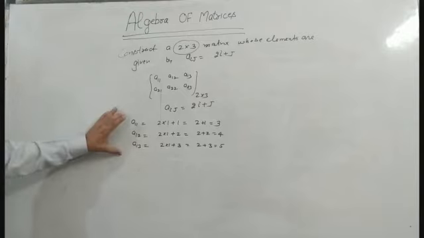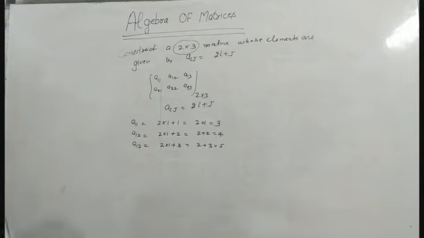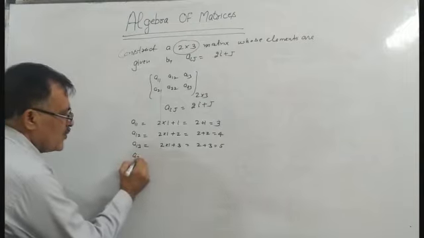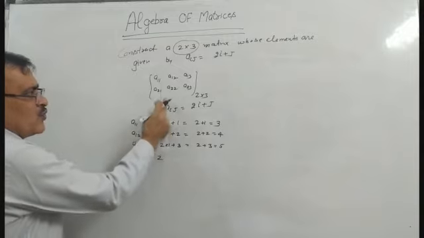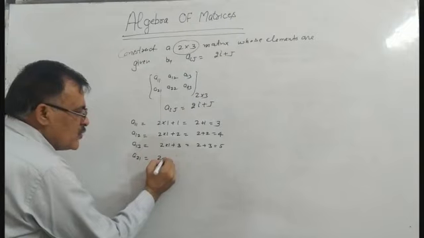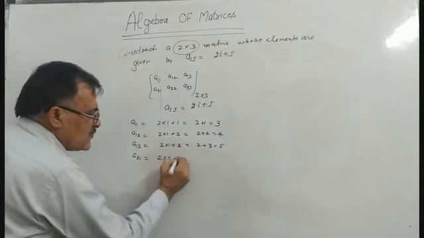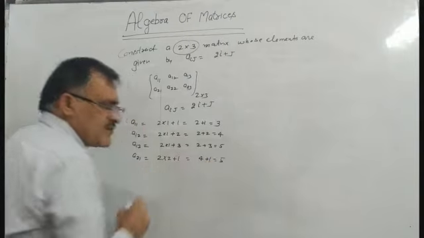In the same way, we calculate this row. A21, here put i equal to 2 and column equal to 1, that is, 2 into 2 plus 1, solve it, 4 plus 1, that is 5.